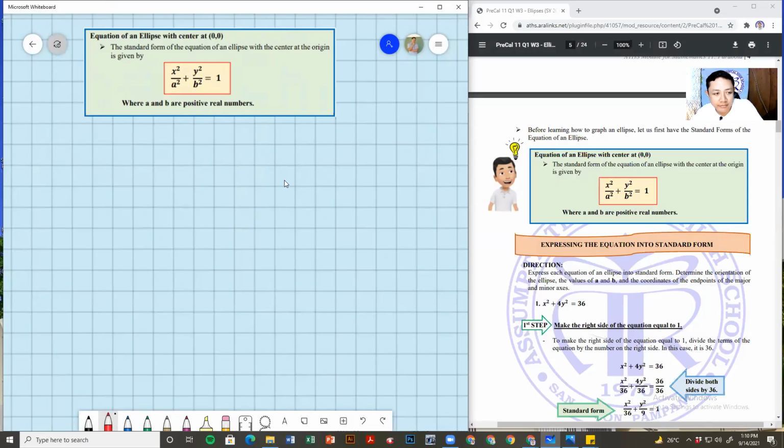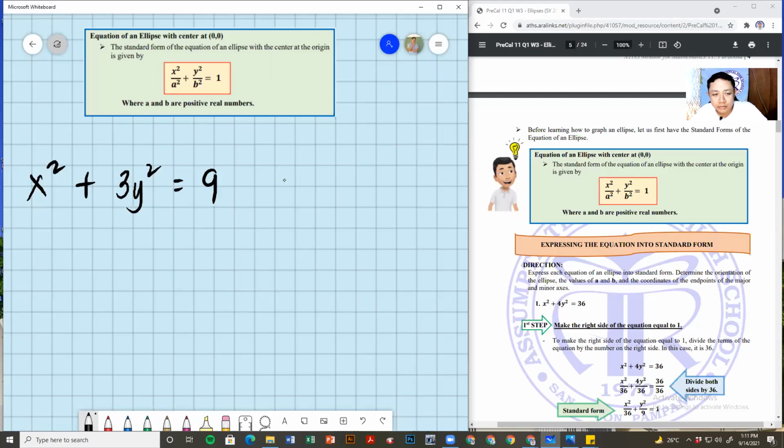For example, we have x squared plus 3y squared is equal to 9. Okay, so what we need to do here is to express it in standard form.